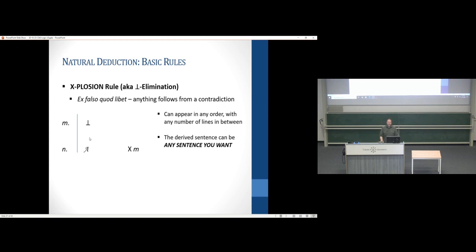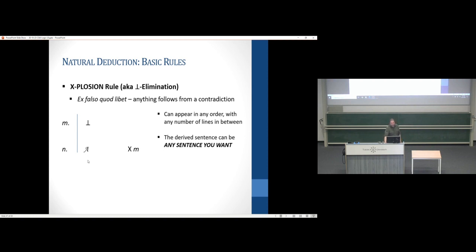The basic idea is, if you're silly enough to believe a contradiction, you're silly enough to believe anything. I often pitch that in a slightly harsher term than silly, but we'll just leave it at that. So that's the thought here, right? Because this could never be true, and since this could never be true, well then whatever you want is going to follow from it.